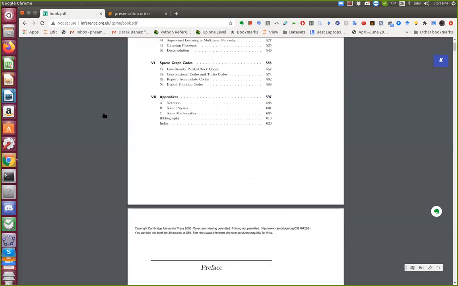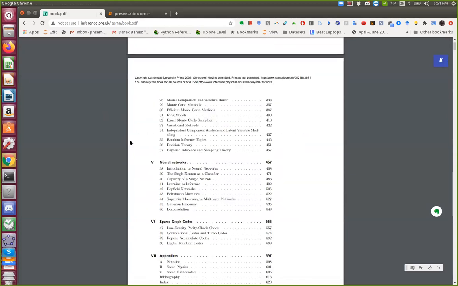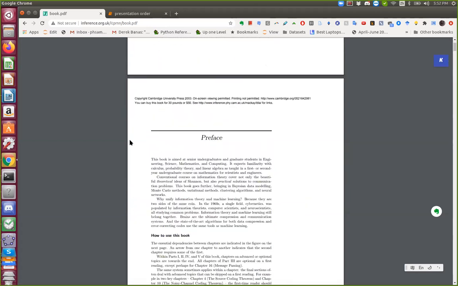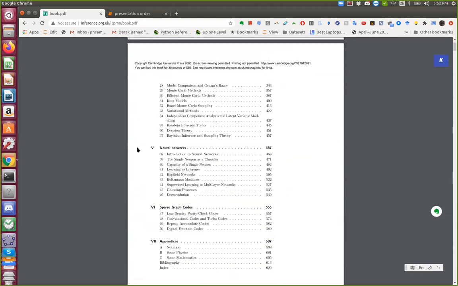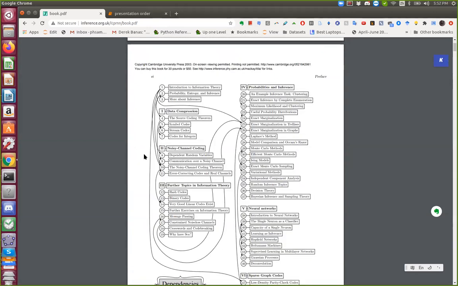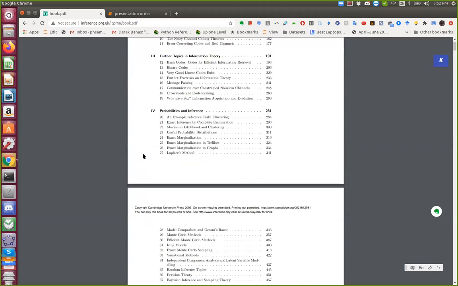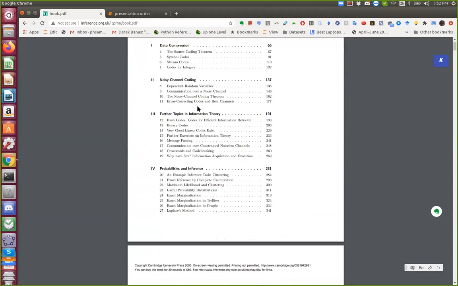MacKay's textbook covers lots of different things, and you can totally go into a particular chapter and try to talk about it. Of course, you can go for other textbooks as well, but I think MacKay's textbook is one of the most readable. For example, they have some interesting topics like inference, information acquisition and evolution, and so on. So you can pick a chapter and talk about that.